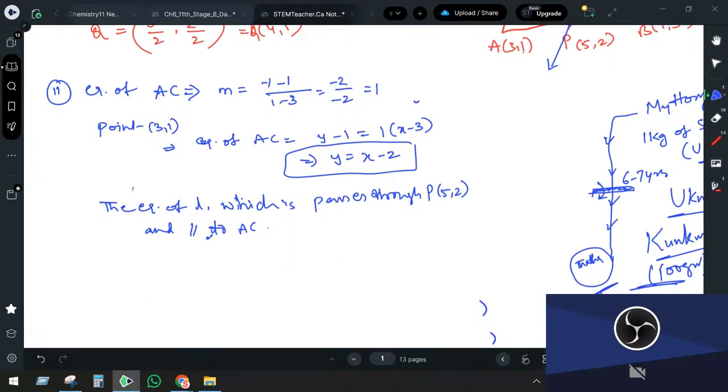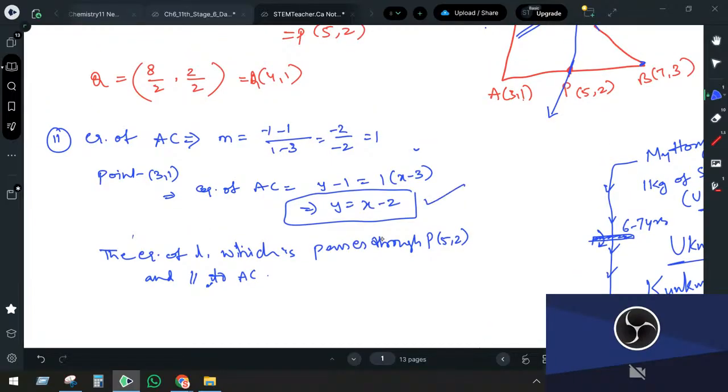What is the equation of a line parallel to this line? y = x - 2 is the equation of AC. What is another line which is parallel to AC? It differs by a constant: y = x plus some k.